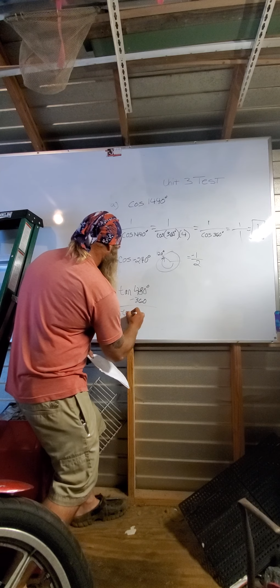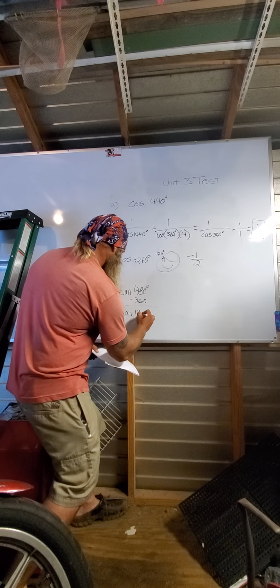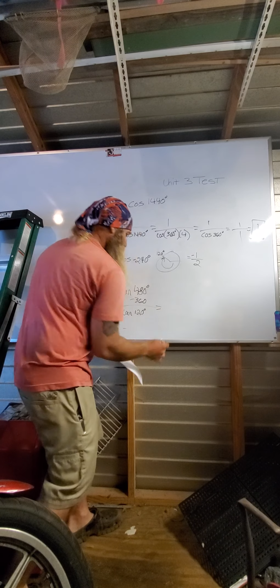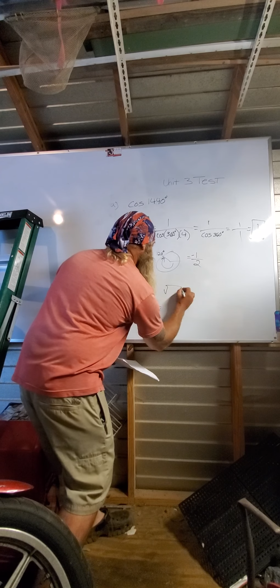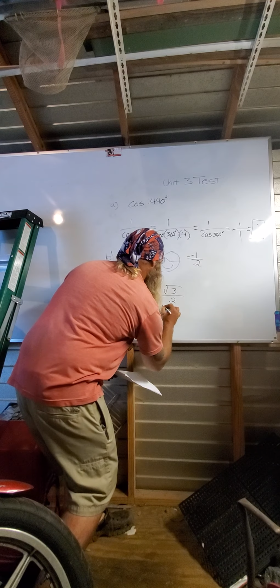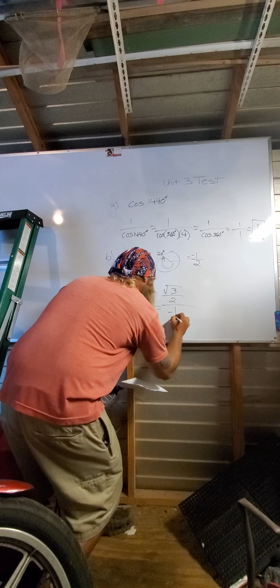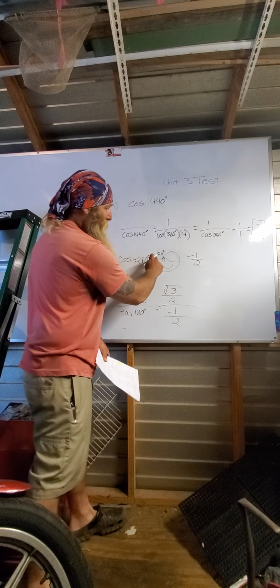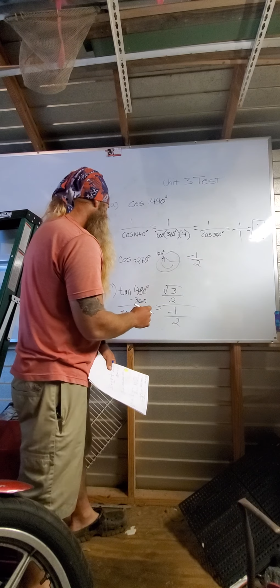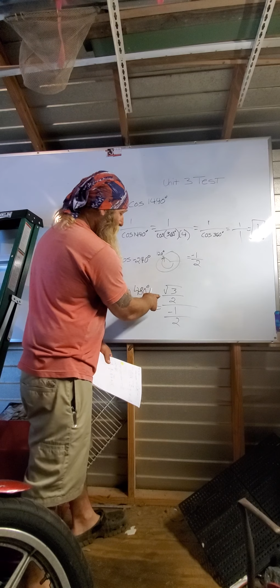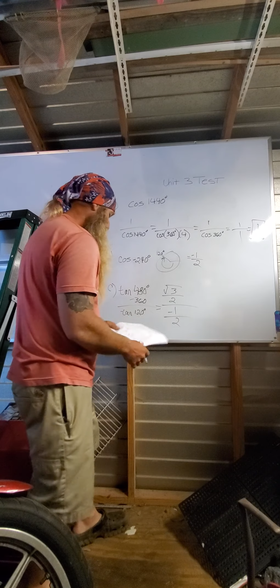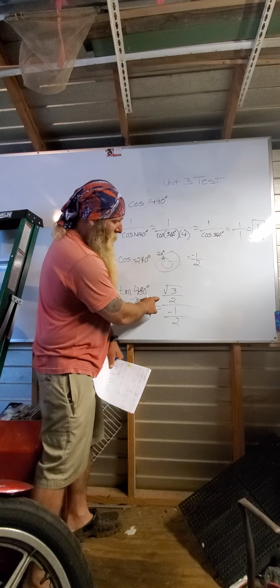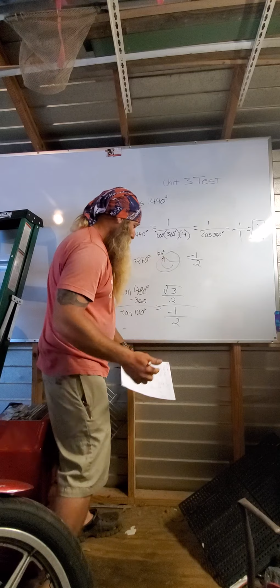It came up with tangent 120 degrees, which equals square root of 3 over 2 over negative 1/2, because that's the cosine of 120 degrees. And this is the sine of 120, so the tangent of 120 is the sine over cosine.